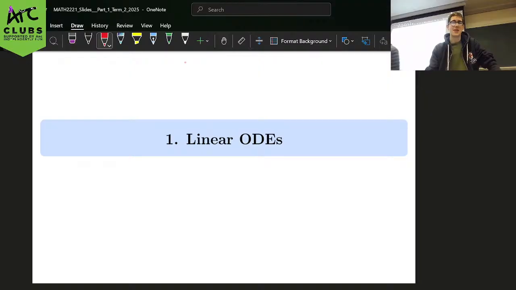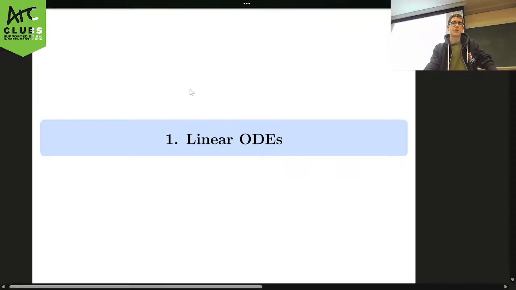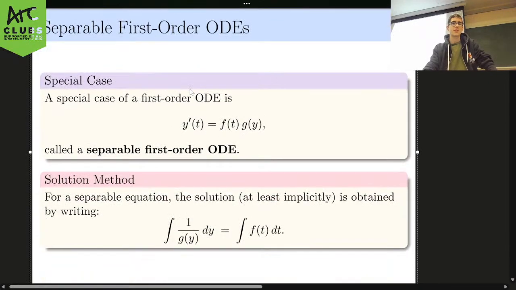Okay. All right. So yeah, first topic. Let's go through this. This is linear ODE. So hopefully this is a lot of revision for you guys, not only from Math 1B, but also from the first topic of this course.